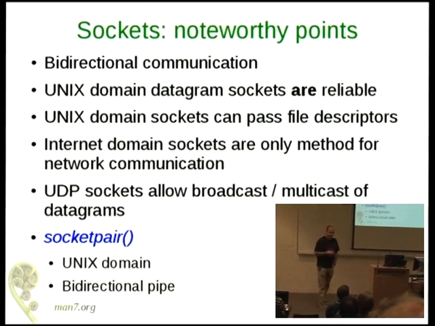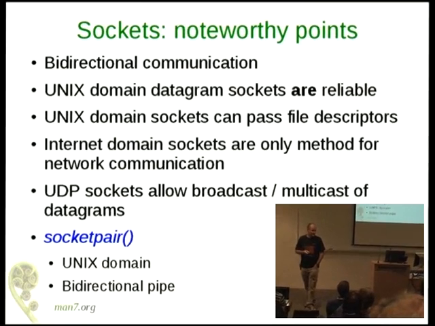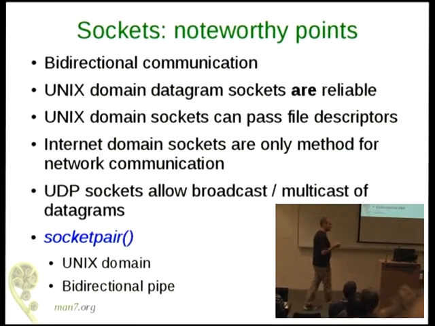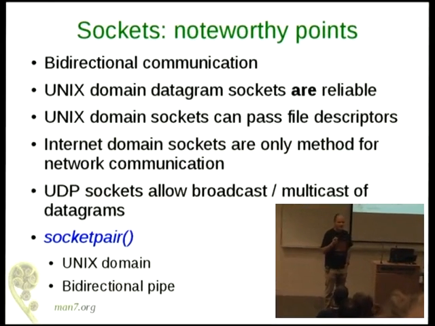Another interesting thing you can do with Unix domain sockets, which is quite special, is you can pass file descriptors across a Unix domain socket. And what I mean by this is you've got two processes.